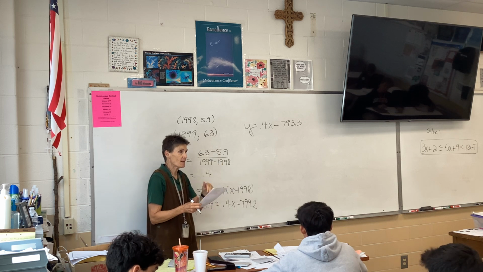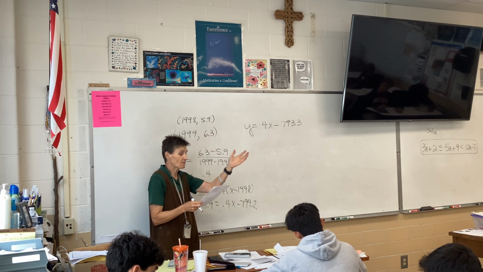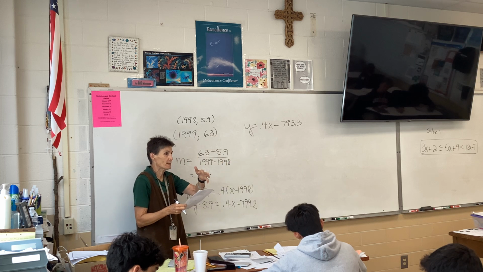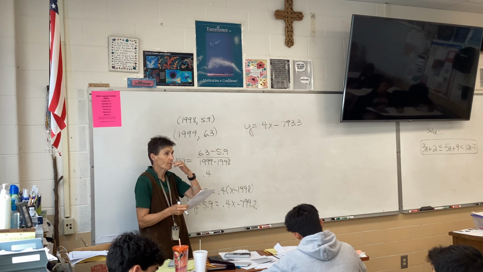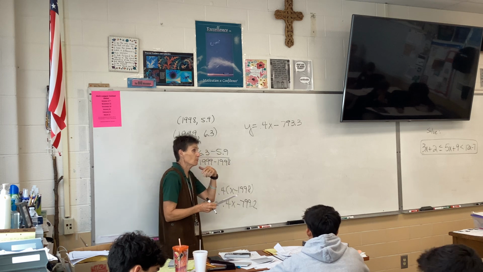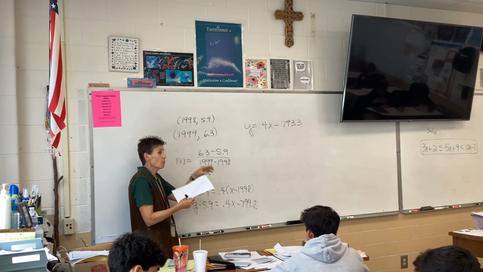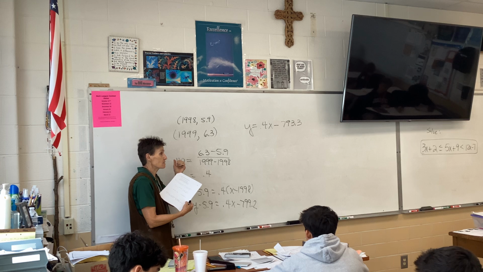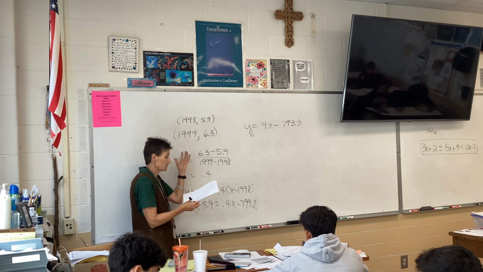What if they hadn't said that? What if I would have used maybe the first point and the 4th point? What do you think might have happened? The equation would be a little bit different? Pretty close probably, but a little bit different. These points aren't all in a perfect line, so we gotta just pick a couple and go with it.